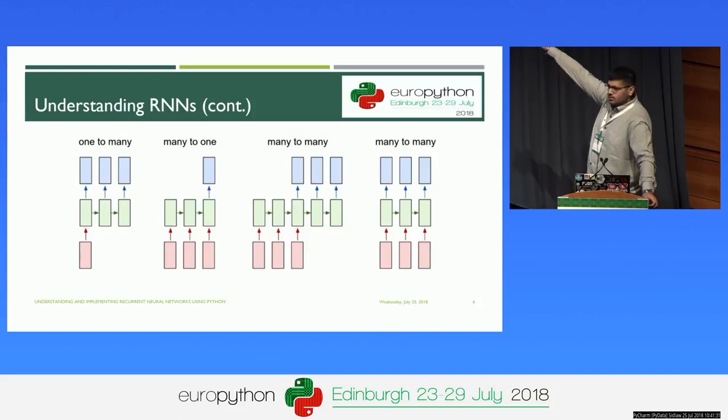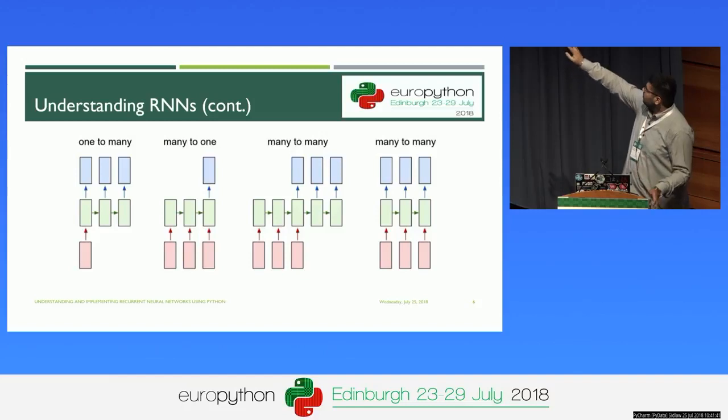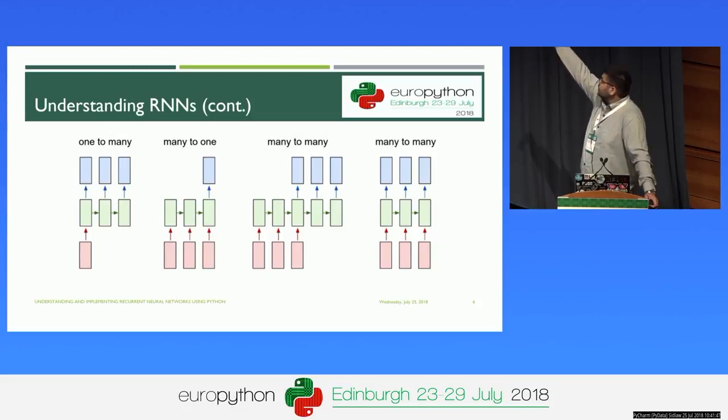Likewise, we have many-to-one. For example, we have video frames and we are generating text out of the video, so we can get a sentence from a video. Similarly, we can have many-to-many transformation also.